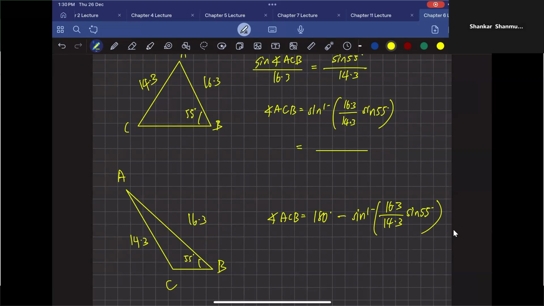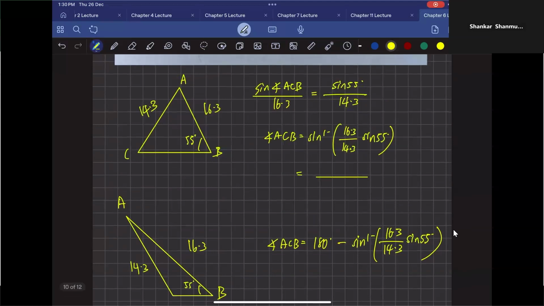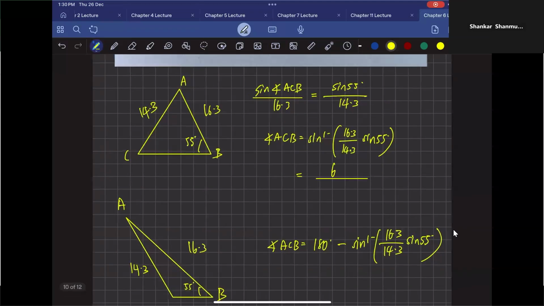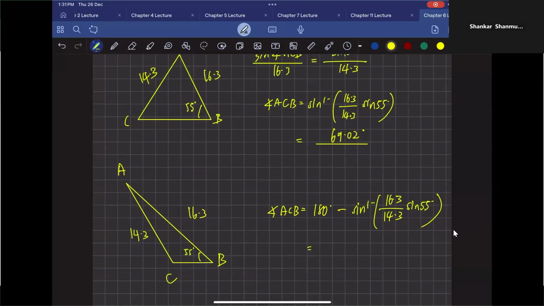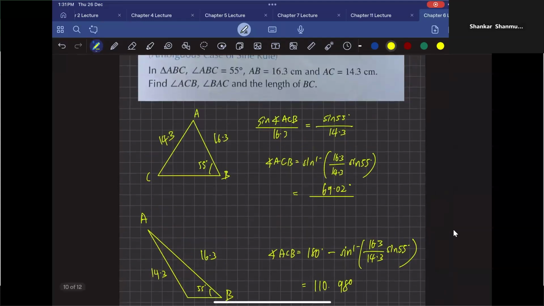So the first one should give you 69.02 degrees, and this one should give you 110.98 degrees. So these are the two different cases.